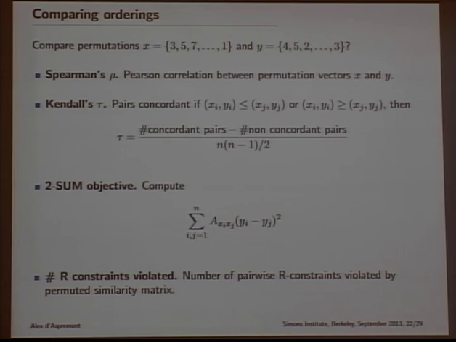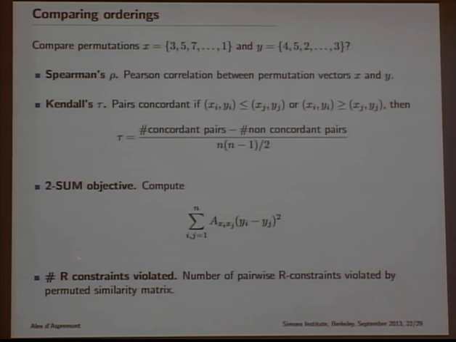One of the objectives of our work was to get an objective to measure the quality of a seriation solution beyond what you get from the spectral solution. So one way to keep track of the performance of a method is simply to compute the two-sum objective, that combinatorial problem I just mentioned. Okay?